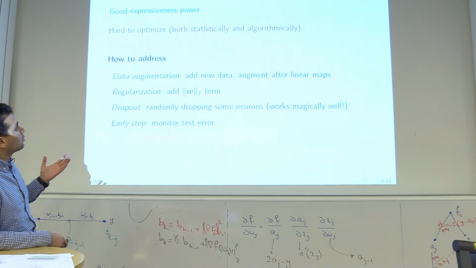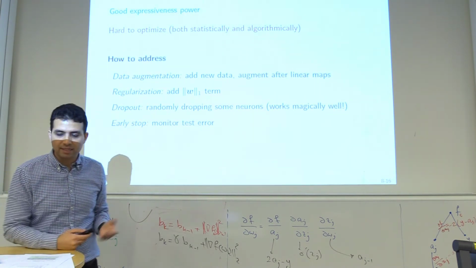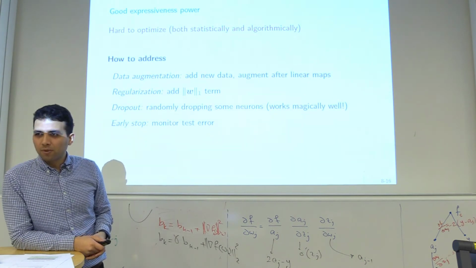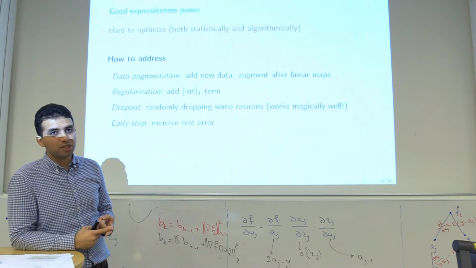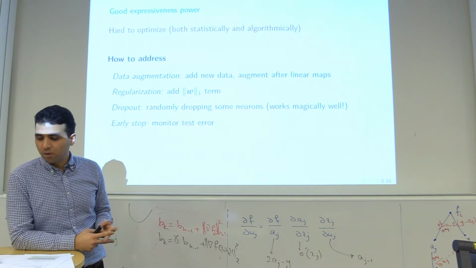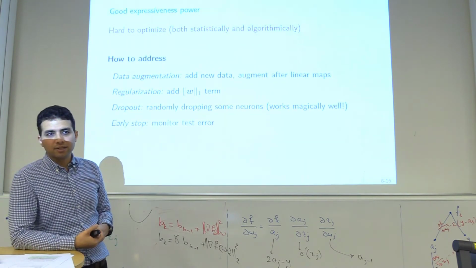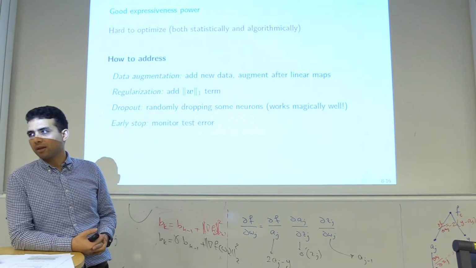On the positive side, you have very good expressiveness power, but it's really hard to optimize. The cost of adding more parameters is, first, statistically, it would be much easier to overfit. But more importantly, algorithmically, it's going to complicate the whole optimization problem a lot.